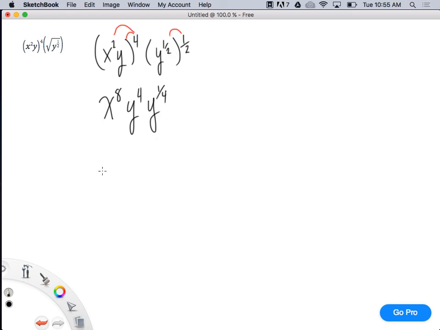I end up with x to the 8th, y to the 4 plus, I add them, 4 plus 1/4, or x to the 8th, y to the 4 is 16/4, so this is 17/4. 4 plus 1/4 is 17/4. Any questions on that one?